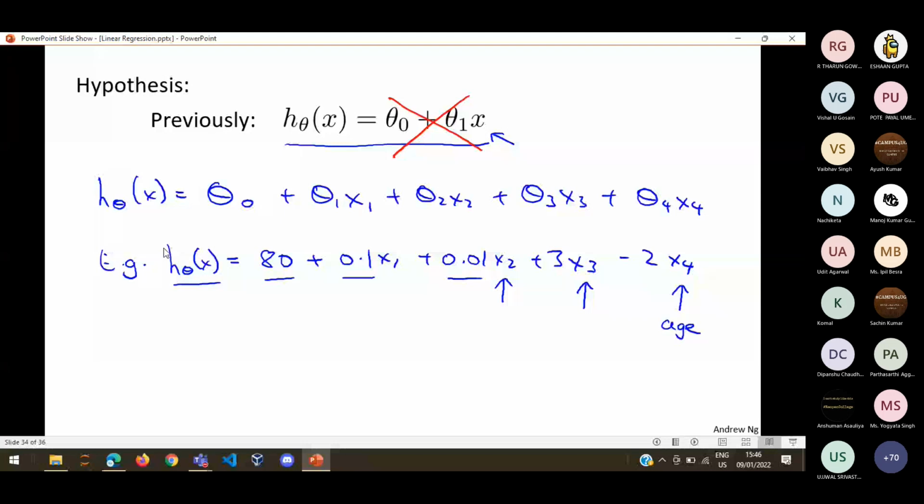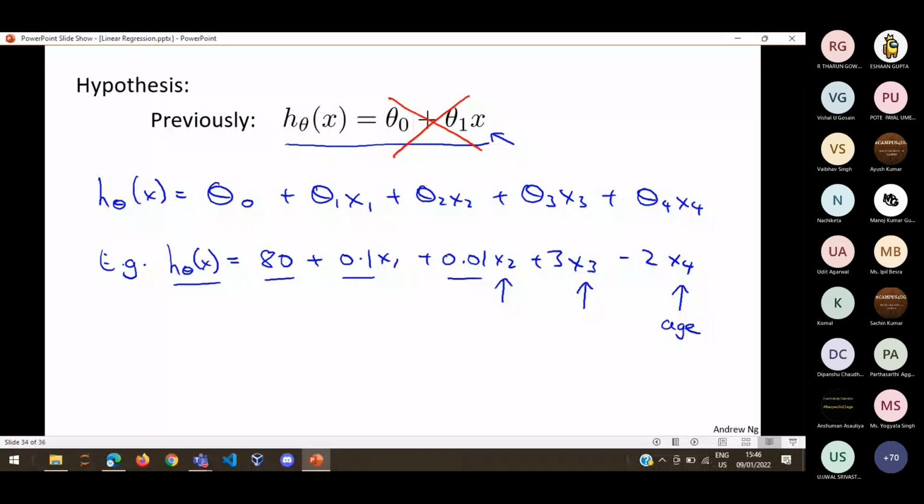It was the same as the previous one, but because you have multiple features, you are going to find multiple parameter values, theta 2, theta 3, and these are some extra parameters that you need to find. So this is the hypothesis equation. Clear to you guys? Yes, Bhaiya. Okay, thank you.